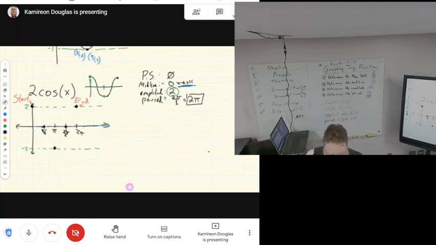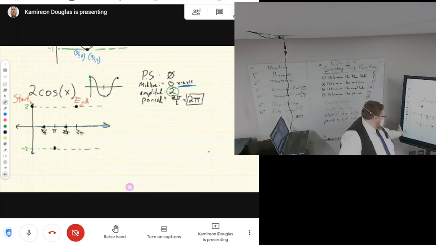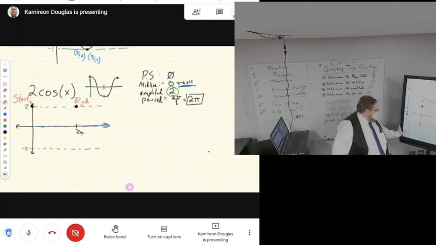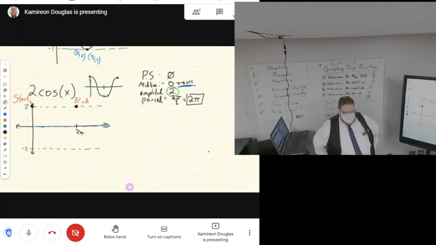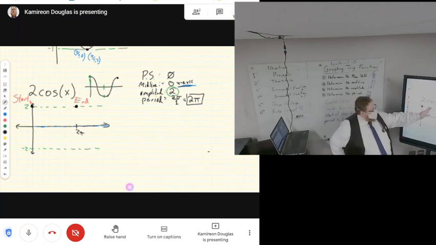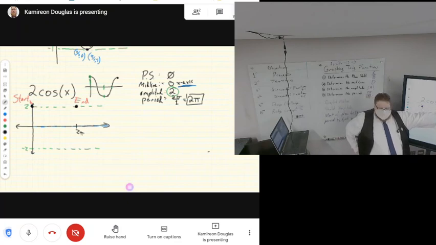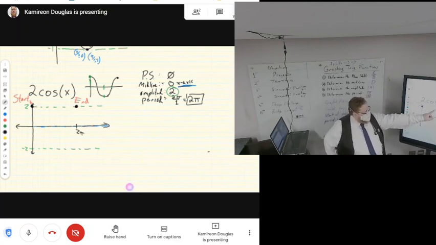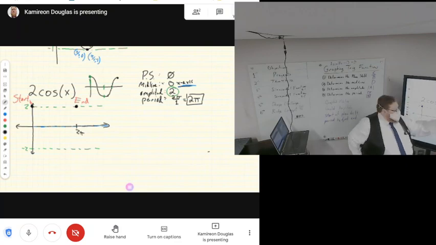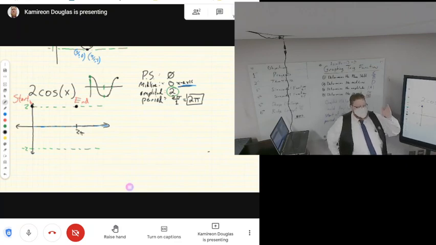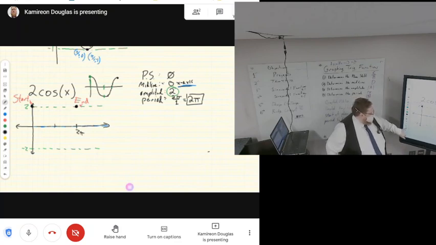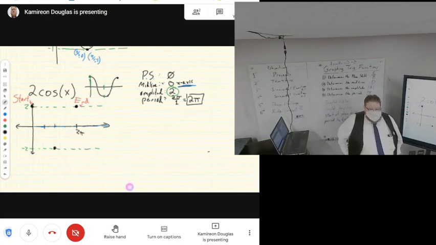There's a lot here, so let's go back. Let's take a few steps back. Let's start right here. We determine where we're going to start using the phase shift. We determine where we're going to finish using the period. With those 2 pieces, I now use the fact that cosine, exactly halfway through, gives us the bottom.